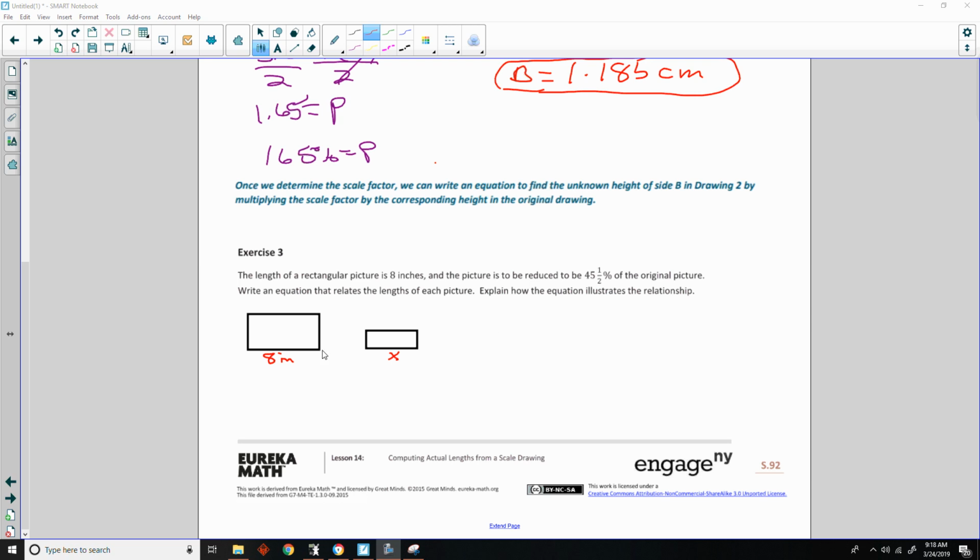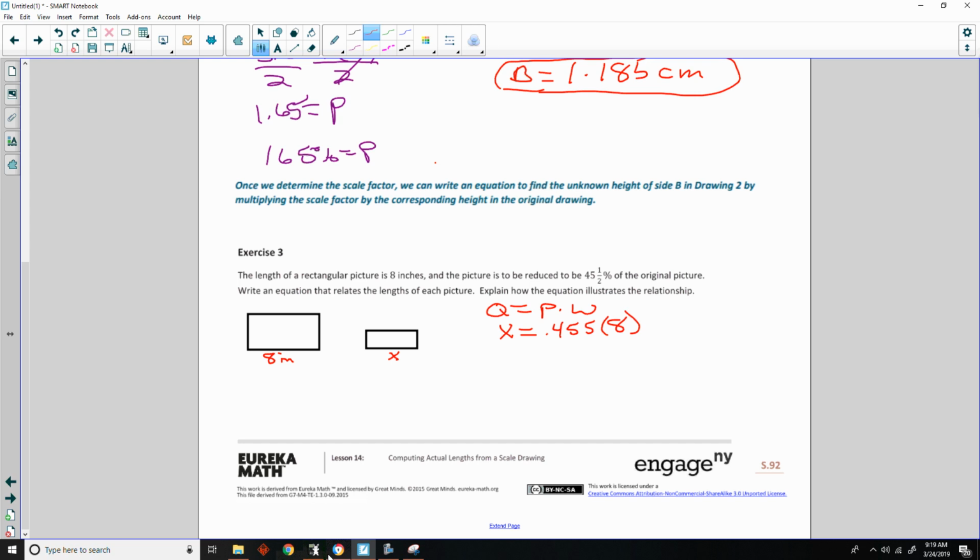So we take the 8, the original. Okay, so let's write Q equals some percent times the whole. We're trying to find a quantity X equals, our percent is 0.455. That's 45.5% times our whole, which is 8.